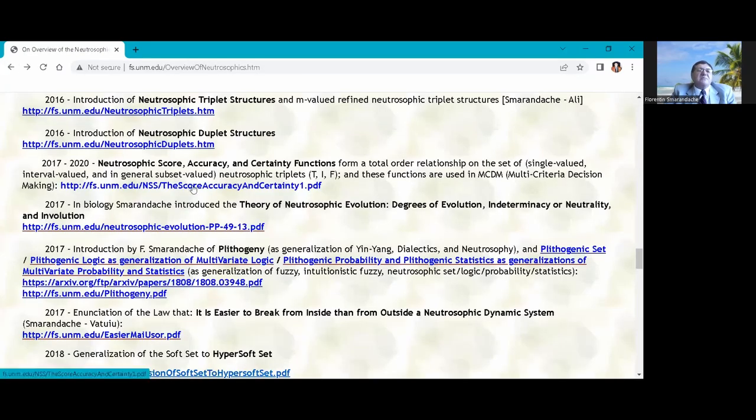So this had been a flag at the beginning, signaled by Rivieccio in a paper he published, and then the Neutrosophic community responded and solved this one.